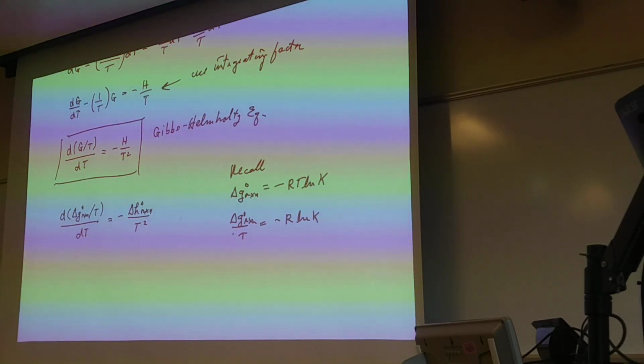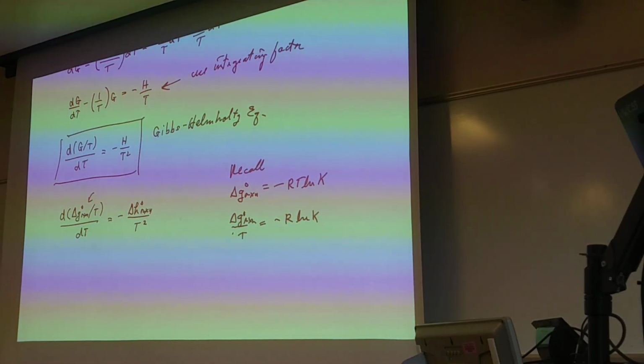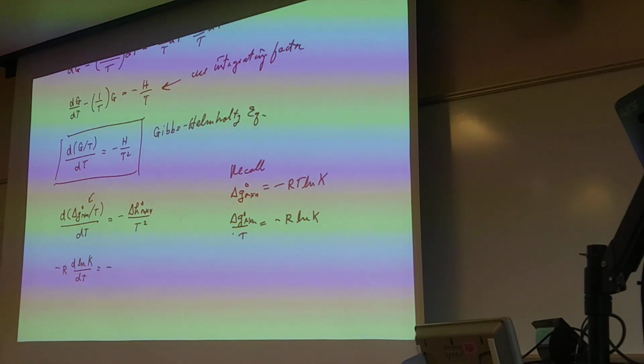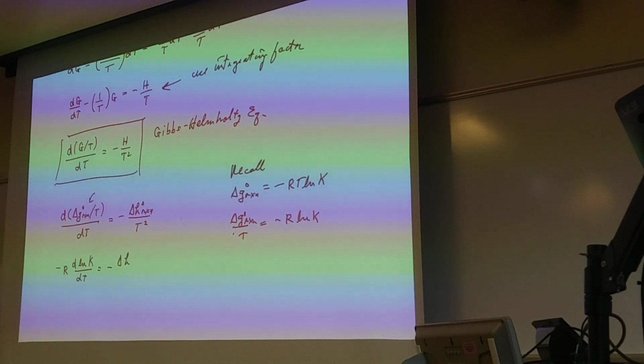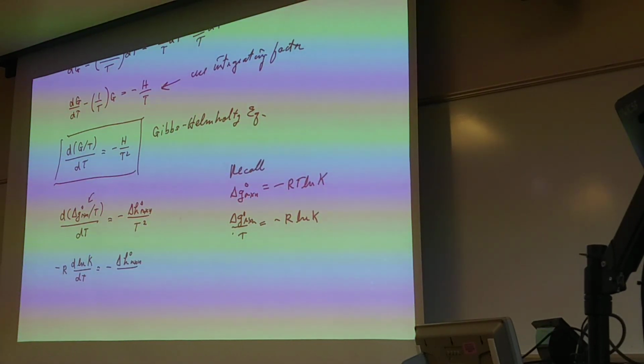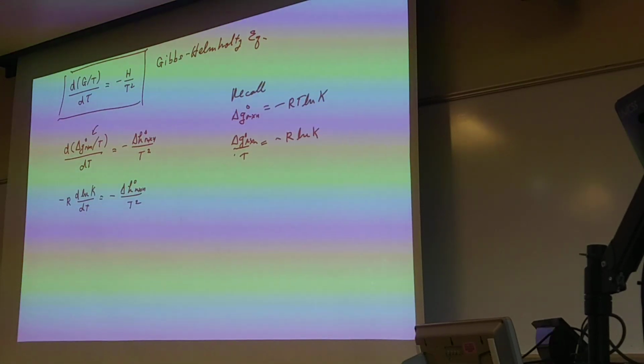So I can substitute that in over here, ending up with minus R d log K dT equal to minus delta H standard of reaction over T squared. Hope I got enough room, yeah.